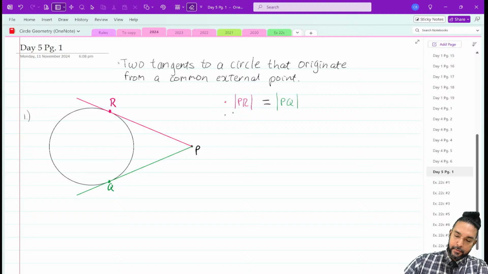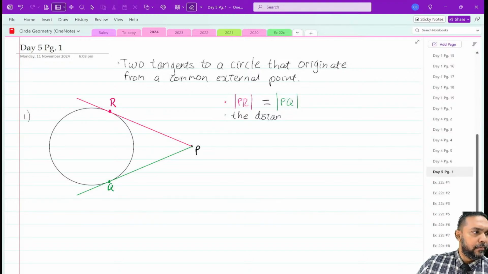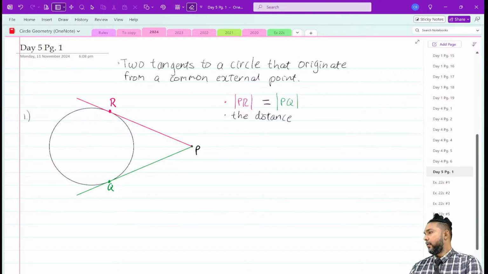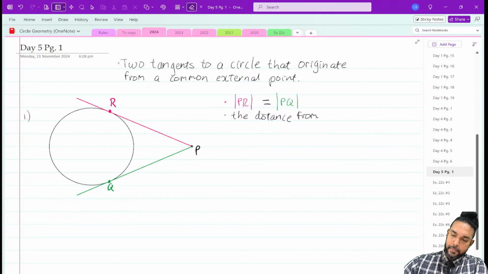All right? The distance from the common external point, right?